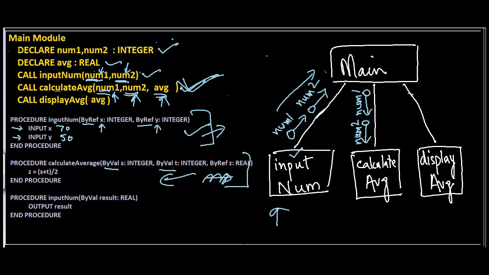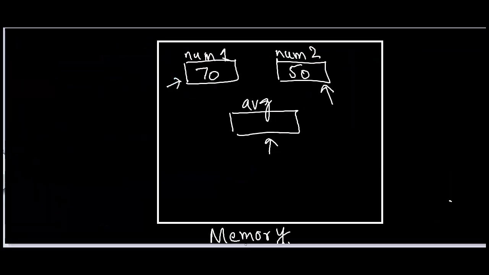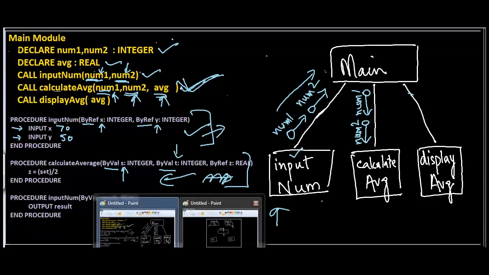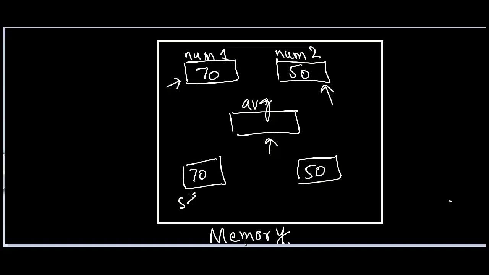When we say it has been passed by value, that means a copy of num1 and a copy of num2 are going to be passed to this procedure. So S is going to point towards the copy of num1 and T is going to point towards the copy of num2.